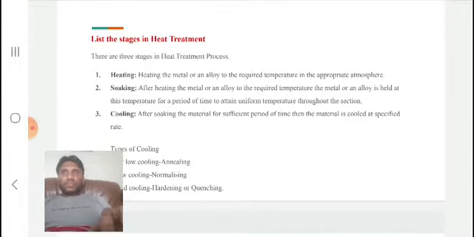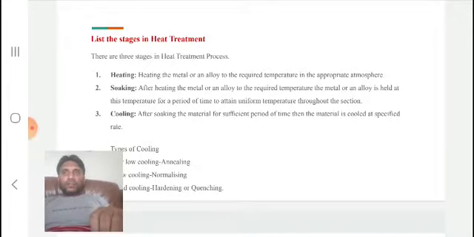There are three stages in the heat treatment process. Heating the metal or an alloy to the required temperature in the appropriate atmosphere.